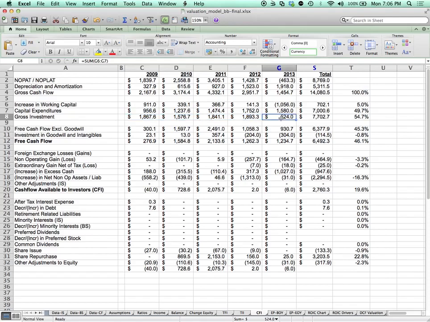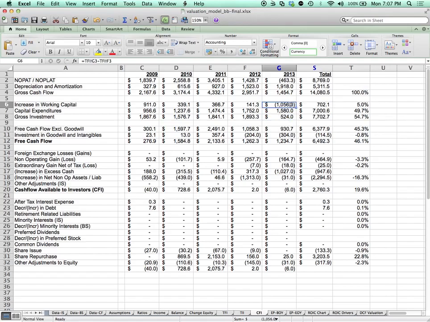The way they slashed their investment is that their capital expenditures were still $1.5 billion, not that different from previous years, but they had a big decrease in working capital of $1 billion. So they basically generated a lot of free cash flow by taking money out of working capital. We can clearly see that on the CFI.